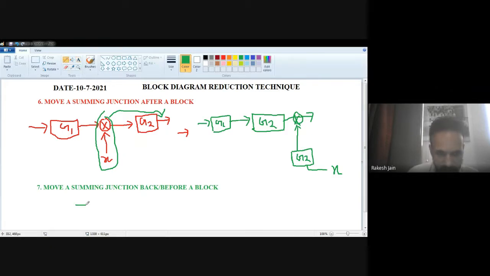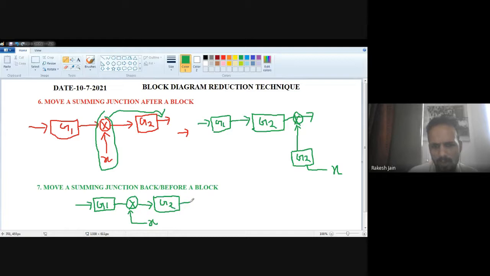See, very fast. Let's suppose there are two blocks. One is G1. Then let's suppose there is a summing junction in which one input from any other side, any value, is also coming: X, Y, Z, anything. And there is another block G2.